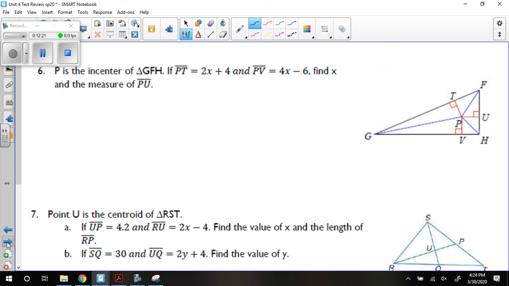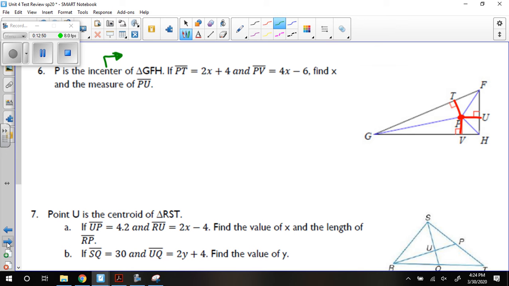Okay, number 6, P is the incenter of the triangle. Okay, so an incenter, what we need to know, because they're talking about PT, which is this segment, and PV, which is this segment, and asking you to find PU, which is this segment.